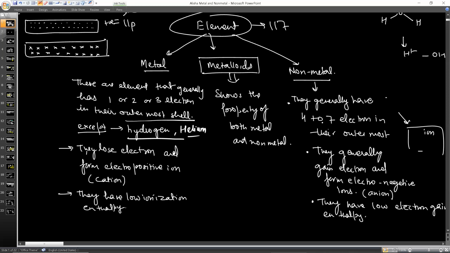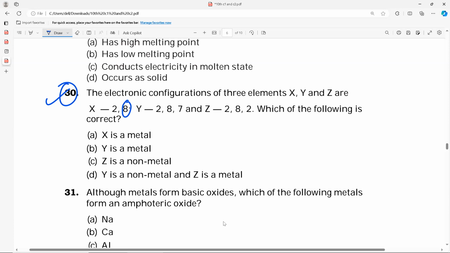And non-metals are those that have from 4 to 7, either 4, 5, 6, or 7 electrons in their outermost shell. If you go through this question, you will notice that X has 8. If 8 is in the second shell, then it is a noble gas, neon. So X is a metal, it is incorrect.